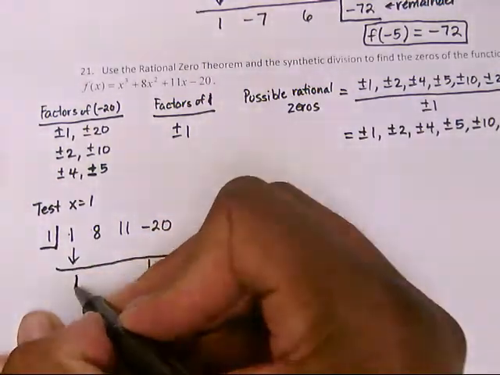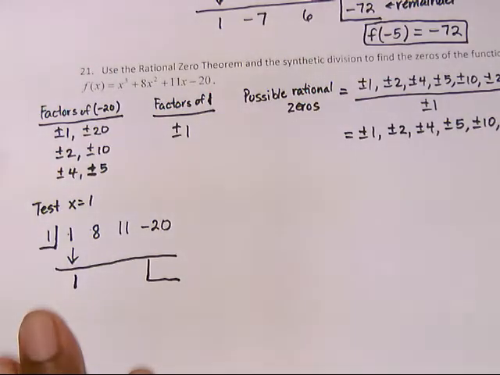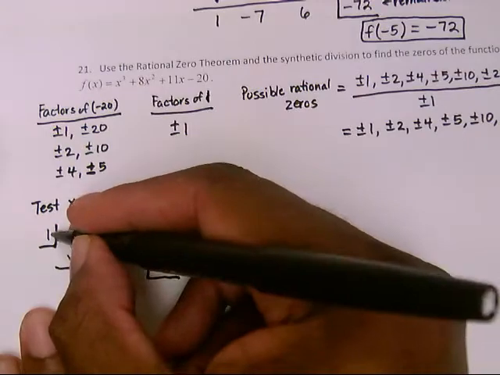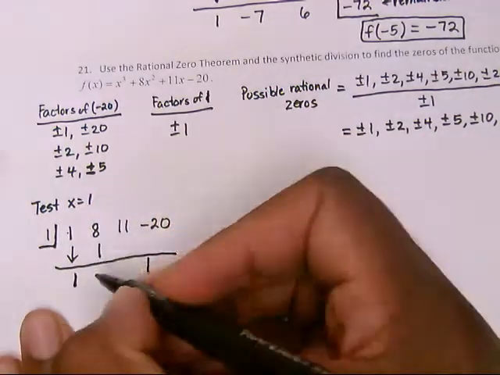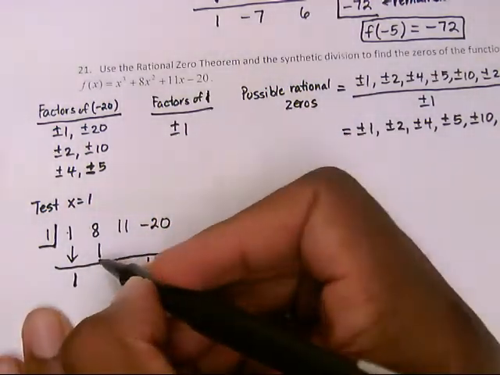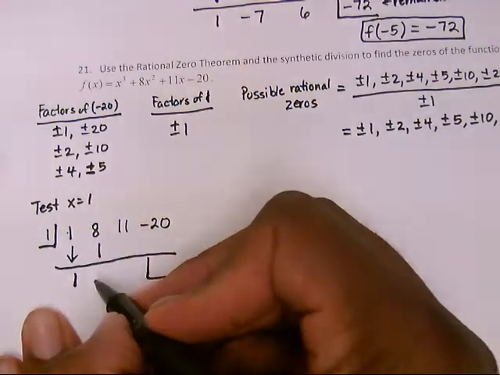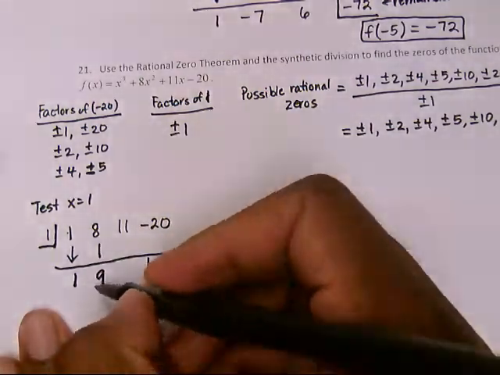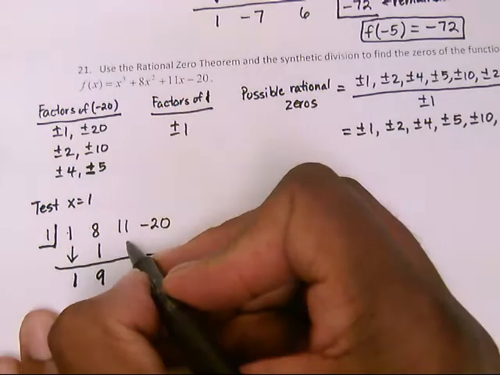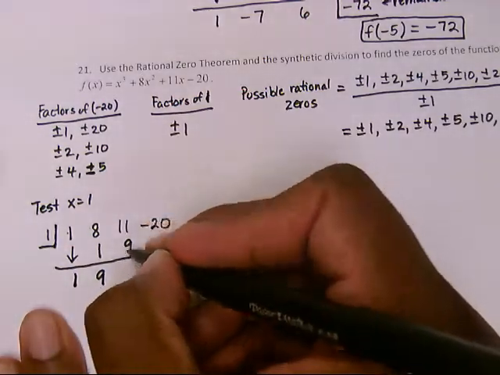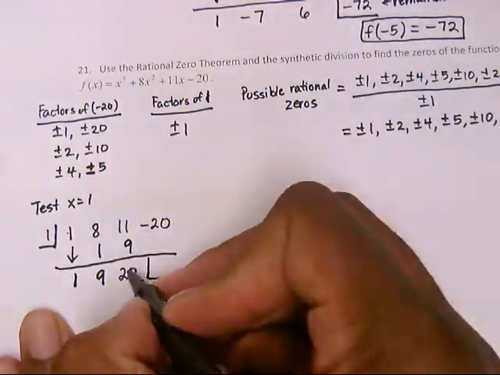So I'm going to bring down the 1, which is my leading coefficient, in the bottom row. And then we're going to do 1 times 1, which is 1. That 1 goes underneath the 8. Add the 1 to that 8, you're going to get 9. And then do 9 times 1, that will give you 9. And then 11 plus 9 will give you 20.